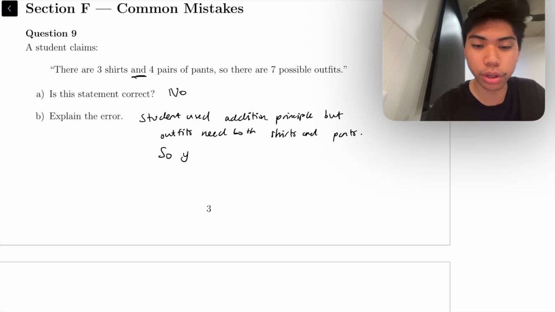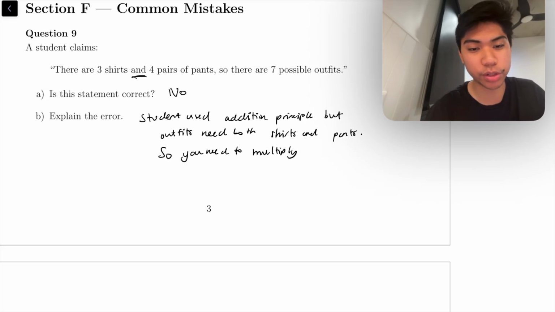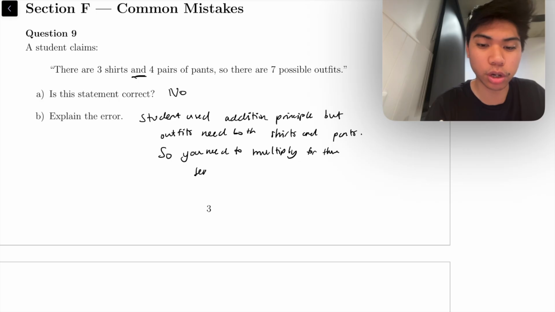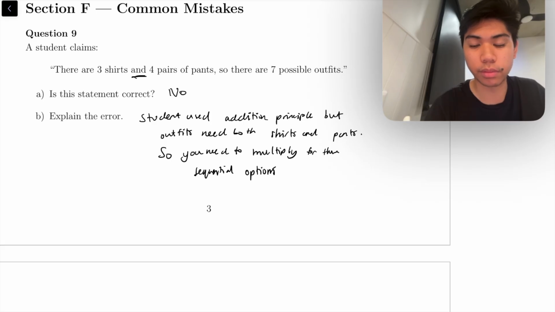So you need to multiply, right, using the multiplication principle for these sequential options. So we would do 3 times 4 equals 12 possible outfits.